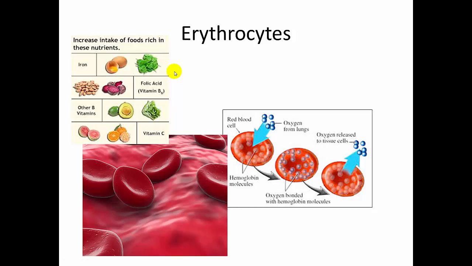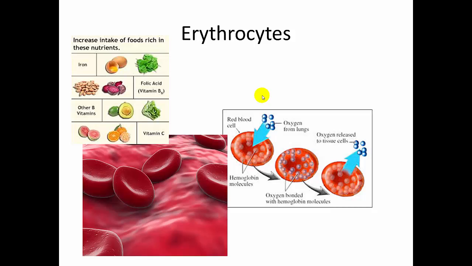So just to recap, red blood cells contain hemoglobin. Hemoglobin transports oxygen to the body tissues and helps to carry carbon dioxide from the tissues. And how is that process started? Anything that causes hypoxia is going to stimulate erythropoietin.